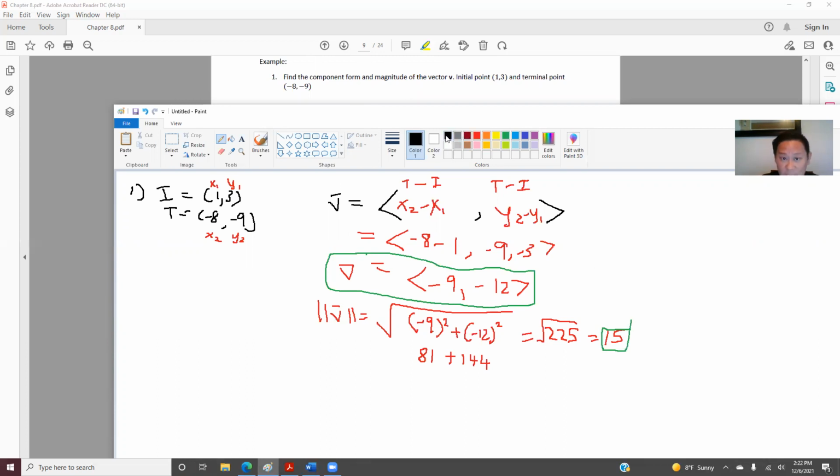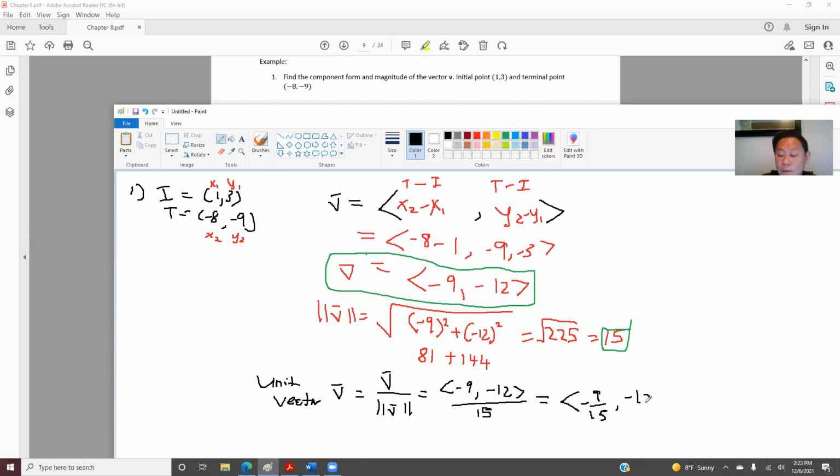Now, if the question asks you to find the unit vector V, this question didn't ask, but if a question asks for it, you just take the vector V over its magnitude. In this case, you take (-9, -12) and divide by 15 each, because our magnitude is 15. So you will get -9 over 15 and then -12 over 15.